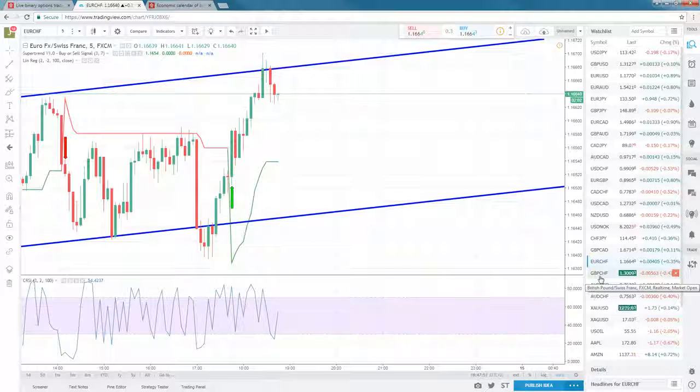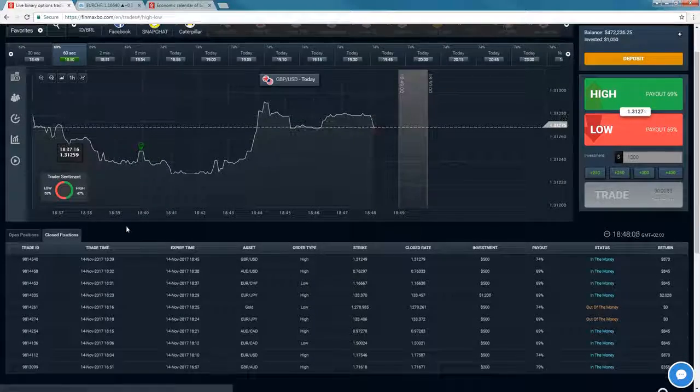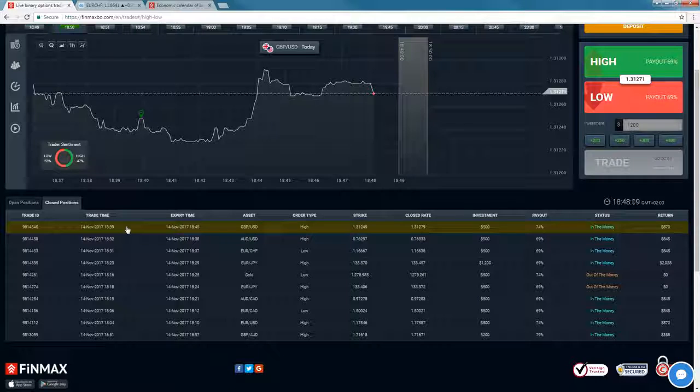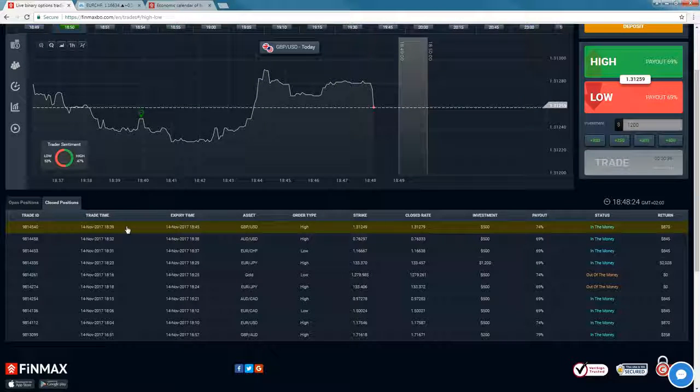Okay, I think that it can be enough for us to trade today. We had to analyze what we have done. We had 9 trades in total. From these 9 trades, 1 trade on gold went out of money.